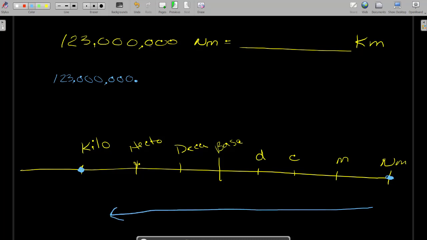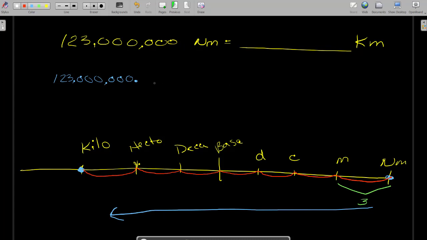And how many spaces? Remember that between here and here is 3 spaces. So when I'm counting my spaces, it's going to be 1, 2, 3, 4, 5, 6, 7, 8, 9 spaces. So 9 spaces to the left.